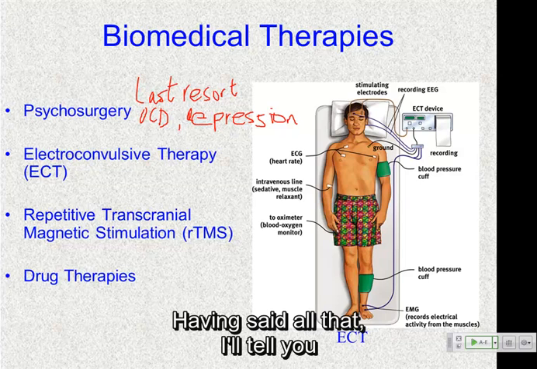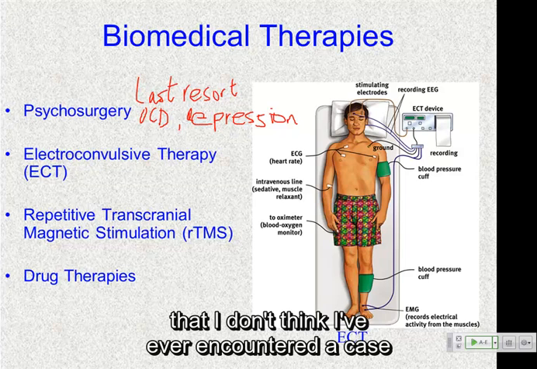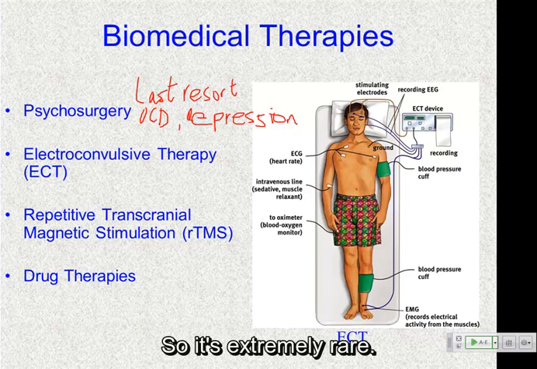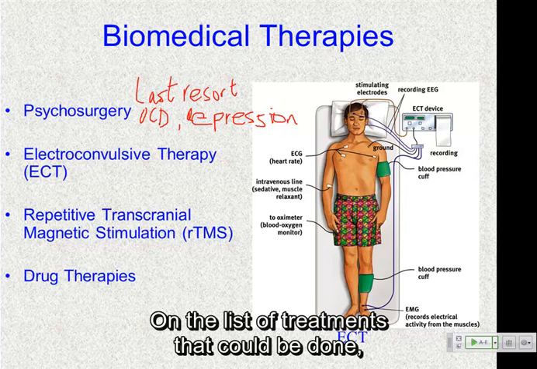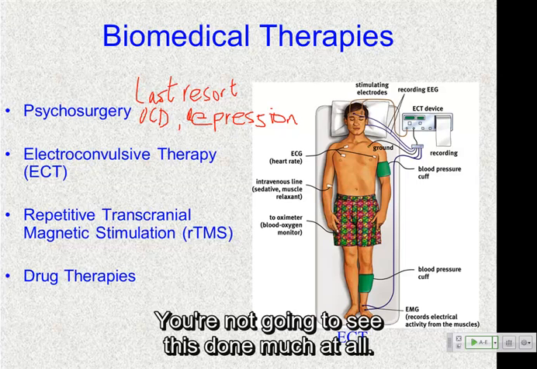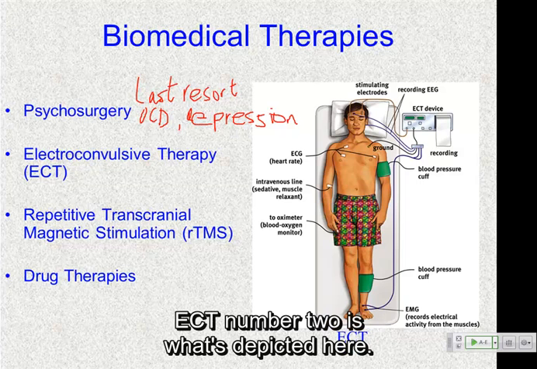Having said all that, I don't think I've ever encountered a case where somebody actually opted for psychosurgery. So it's extremely rare. On the list of treatments that could be done, this is the one that's probably most unusual. You're not going to see this done much at all. ECT number 2 is what's depicted here.